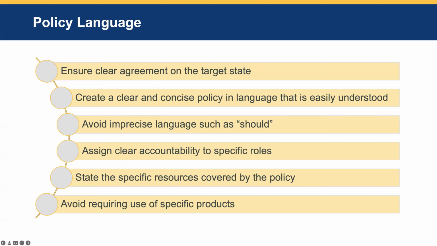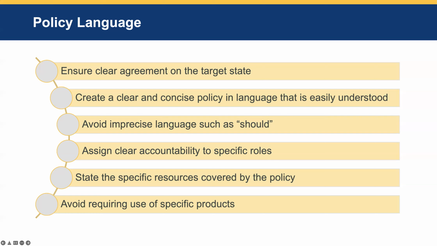You want to be sure to assign clear accountability to specific roles, and you want to state the specific resources covered by the policy, and you want to be sure to avoid requiring use of specific products. And so that means that you don't want to use imprecise language such as should or expected. You want to ensure that the policy is clear and provides clear statements.